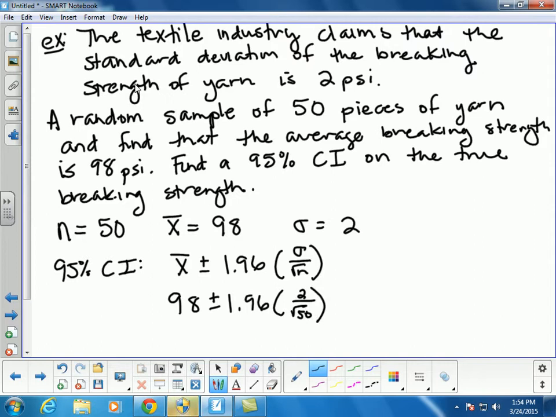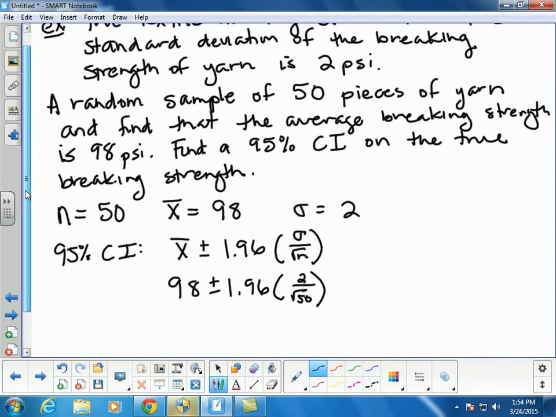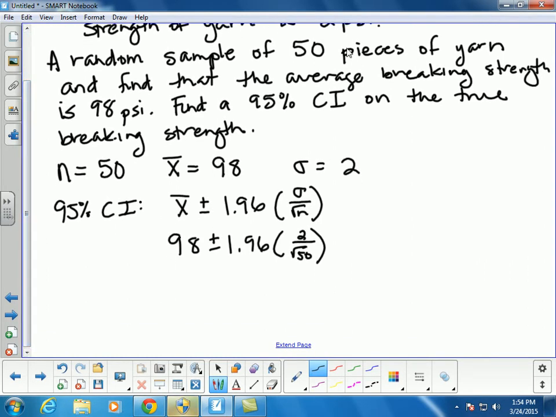Now you have to be really careful that you're doing your order of operations right in your calculations. The first thing I'm going to do is divide 2 by the square root of 50.